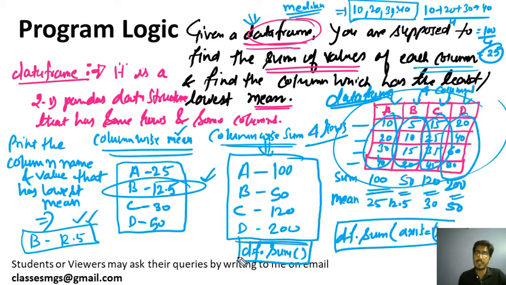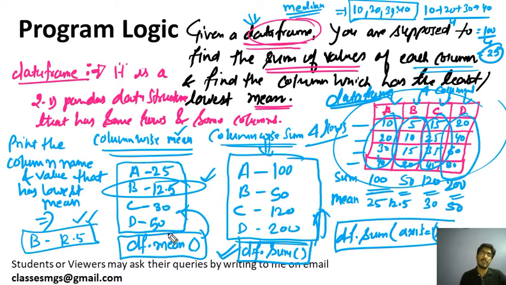For column wise sum, you just call df.sum. It will print all the columns and their sums like we have here. Now you need to calculate the column wise mean. The same kind of function is available, df.mean, which is used to calculate the column wise mean. So these two things you can do easily because ready-made functions are available.